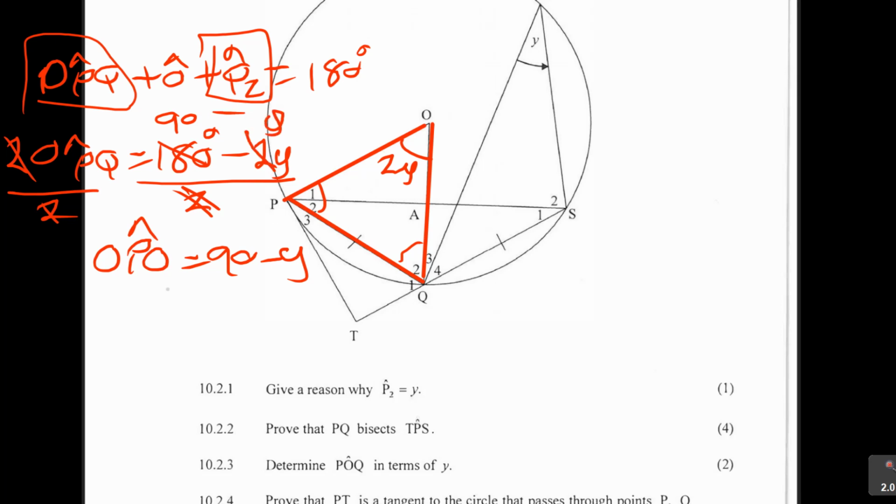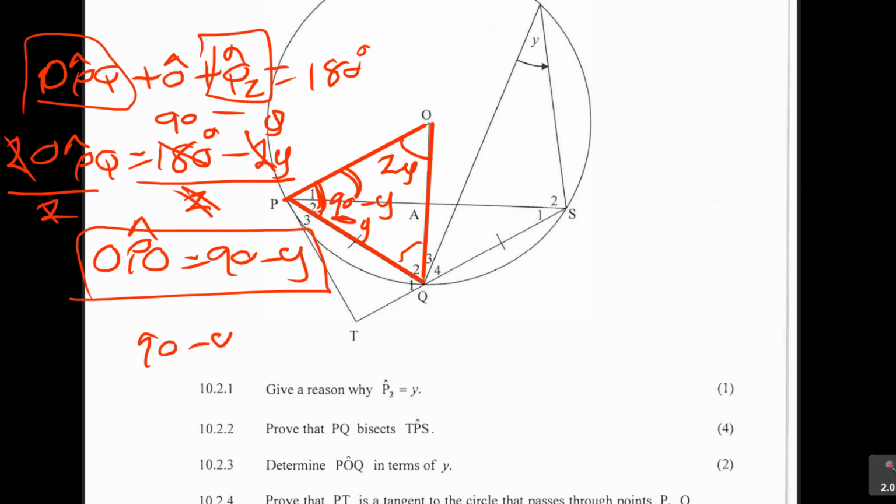So it's 90 minus y. You know this angle is 90 minus y, but this one is simply y, so if you want to find this one, it will be 90 minus y minus y, which is equal to 90 minus 2y. That was one way. Then from there you continue.